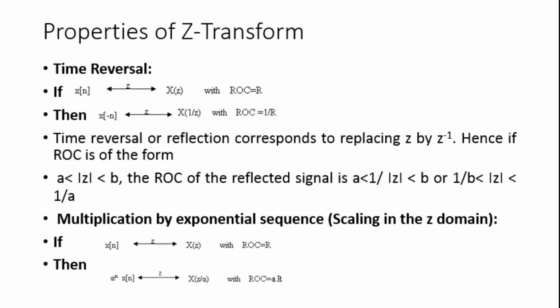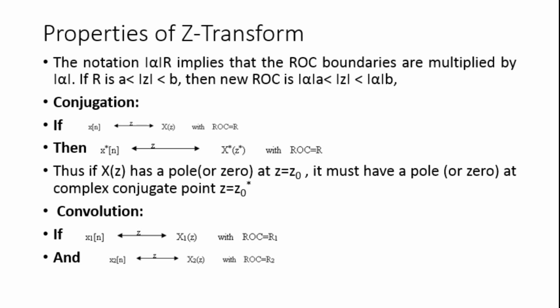Next property is multiplication by exponential sequence, that is scaling in the z domain. The statement is if we take z transform of x of n, we get X of z with ROC equal to R. Then if we take z transform of alpha to the power n into x of n, we get X of z by alpha with ROC alpha into R. The notation alpha into R implies that the ROC boundaries are multiplied by mod alpha.